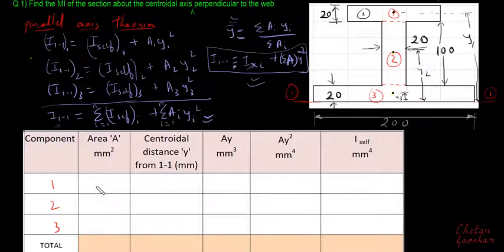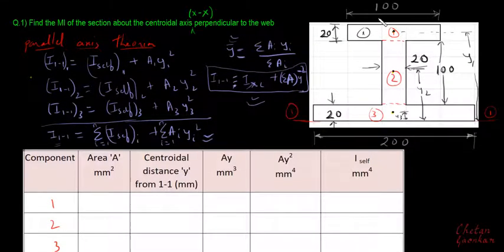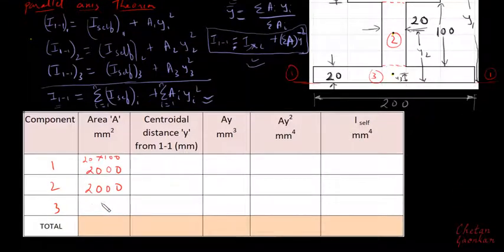The area of the first component is 20 multiplied by 100, this will be 2000. Similarly, the area of the second component will be again 20 multiplied by 100, which will be again 2000, and this will be 20 multiplied by 200, so this should be 4000.